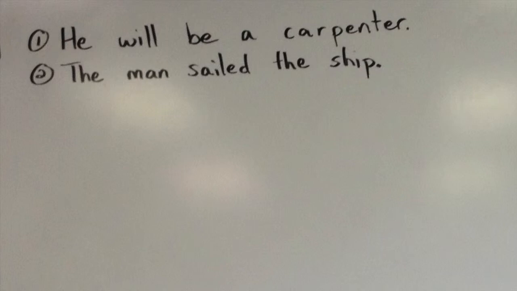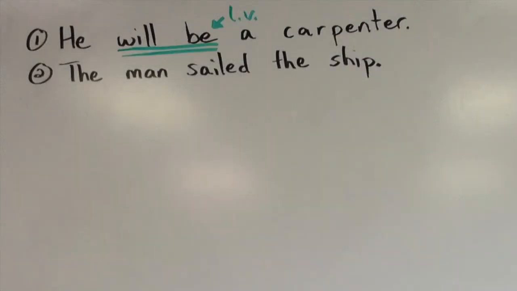Hopefully, you said that the one with the linking verb is the sentence, he will be a carpenter, because in the first sentence, he and carpenter are the same thing, but in the second sentence, the man and the ship are not the same thing.